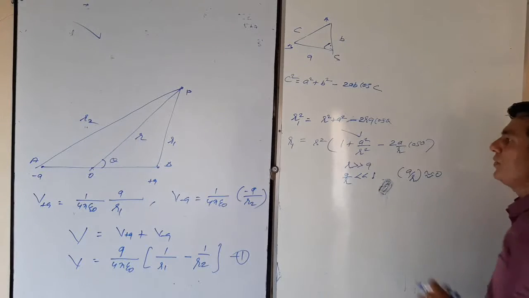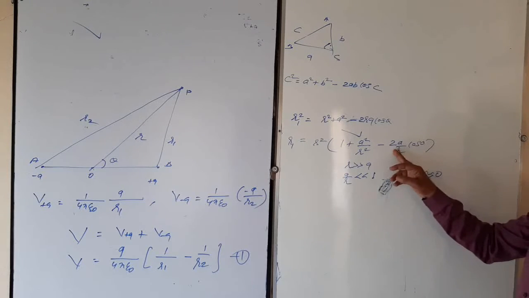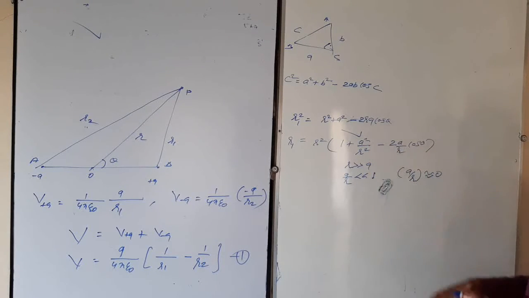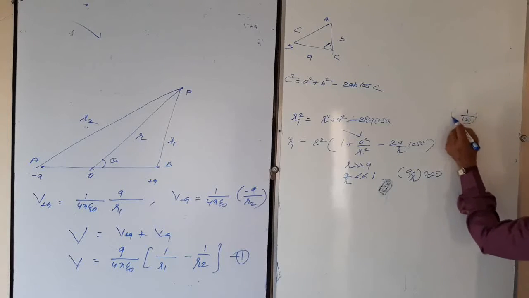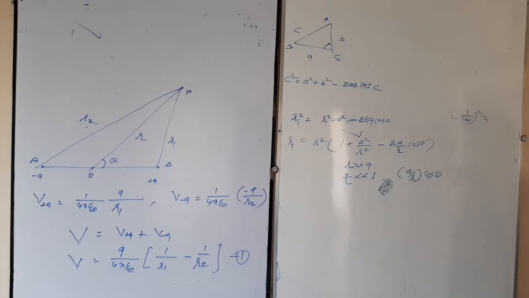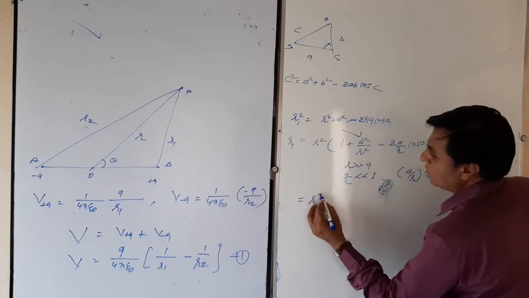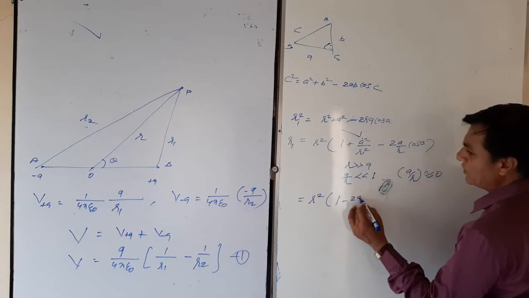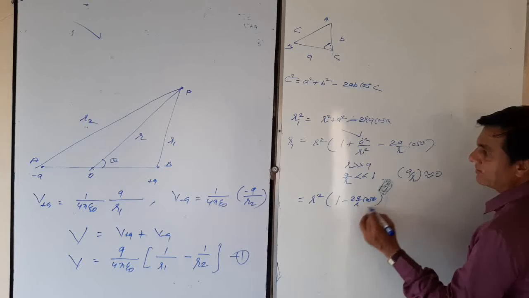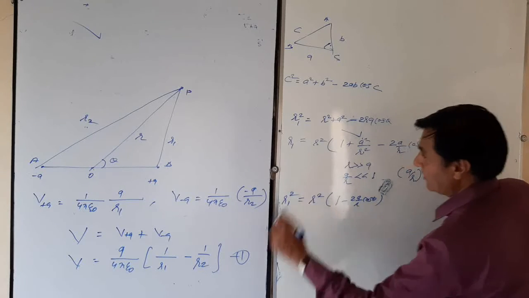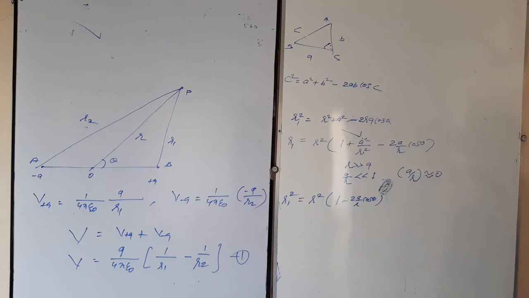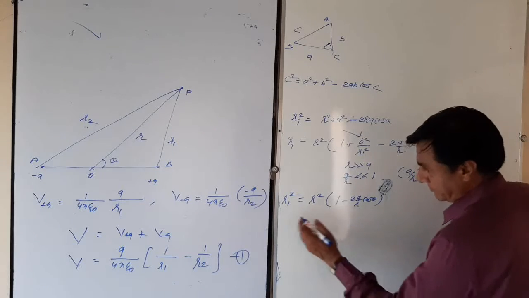So we take only the first power, not a by r to the second power. 1 by 100 is considerable, but 1 by 100 square tends to 0, meaning you can leave it. So R1 square is r square times 1 minus 2a by r cos theta.